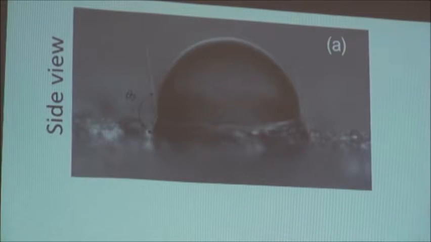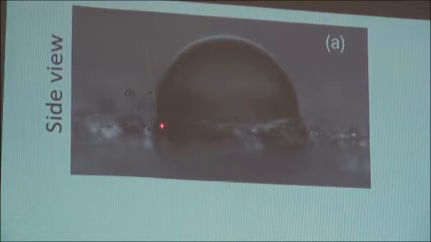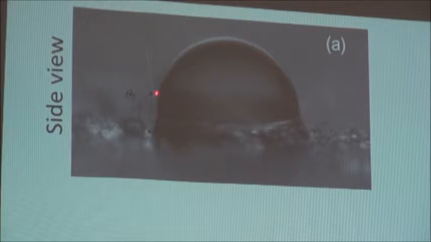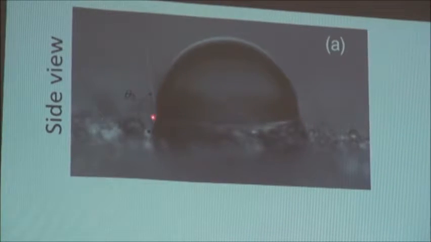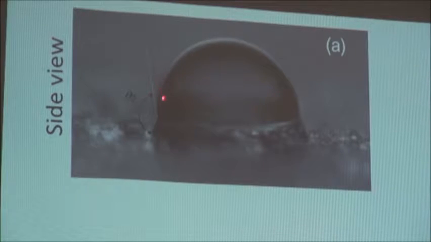In the movies you could see around the drops this kind of neck. So that's liquid cyclohexane, and so we can measure with a tangent the angle between the surface of liquid cyclohexane with air and the surface of the water with air. That's θ3.